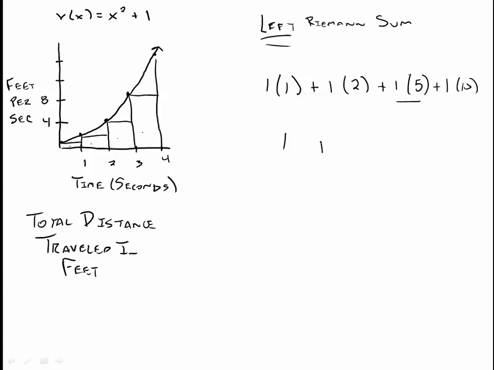Which means that the total area of all of these rectangles is 19. And this 19, in our context, would represent the number of feet traveled by this object in the first 4 seconds.